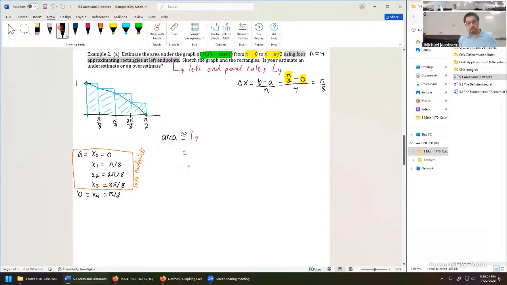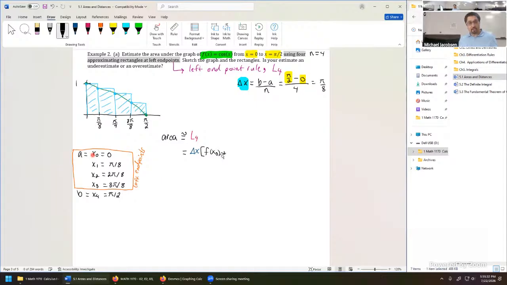Then down below, we're essentially just putting down the formula for L4 itself. It's going to involve delta x. It'll be delta x times the height of the curve right up here. That's going to be f at x naught, or f at 0 if you write it that way. I'll write it as f at x naught just to show the formula altogether. So here's f at x naught.